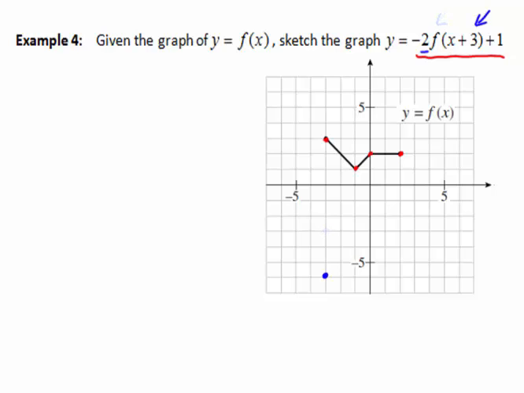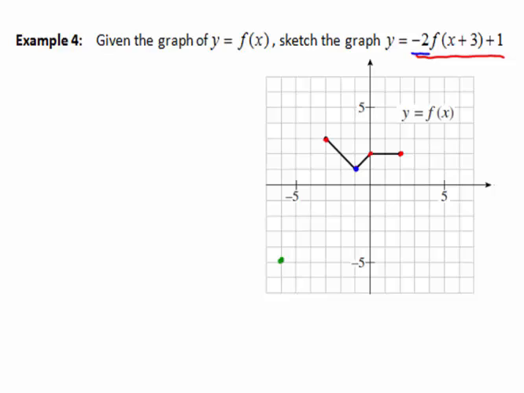Now we have our translation, 3 to the left, 1, 2, 3, and our translation, 1 up, and there is our new transformed coordinate. So let's try it with this point. And let's now try and do this -2 in one transformation.